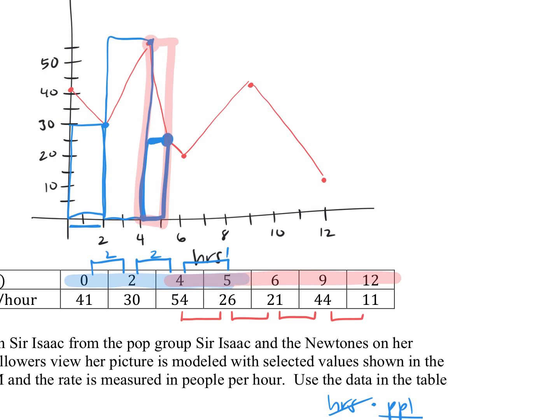Between 5 and 6, I would choose 5 as my starting point and then create my left-hand Riemann sum, or my right rectangle, I should say. Between 6 and 9, I would start at 6 and go all the way over to 9. And then I would go from 9 all the way over to 12. Always choosing the left point for your height value.